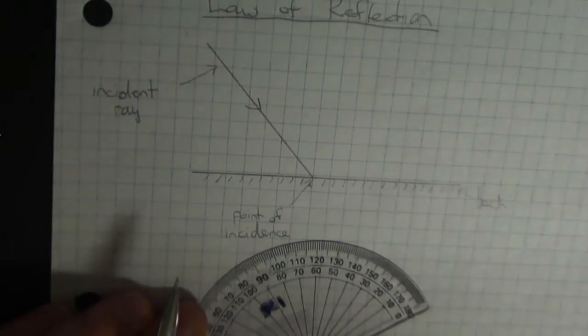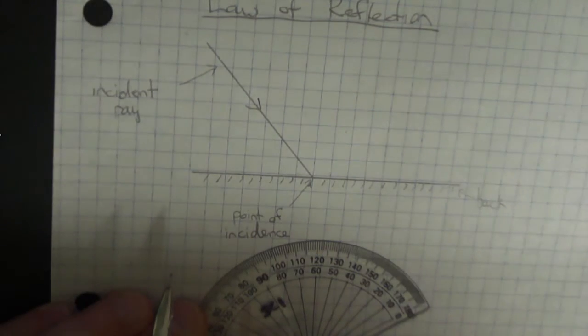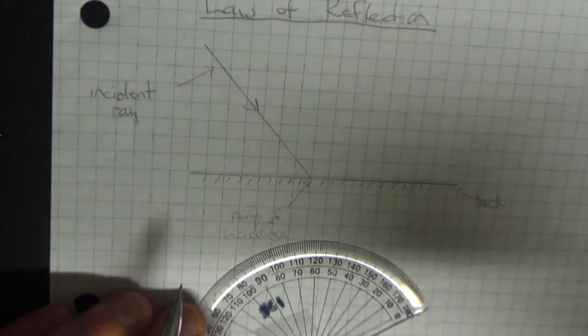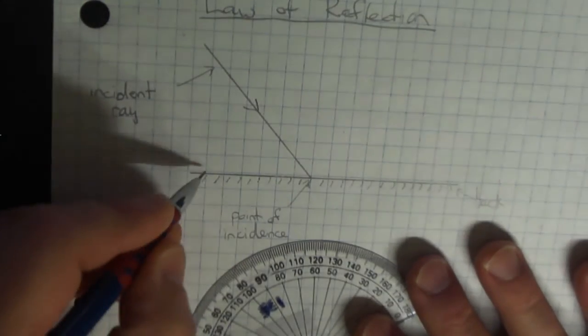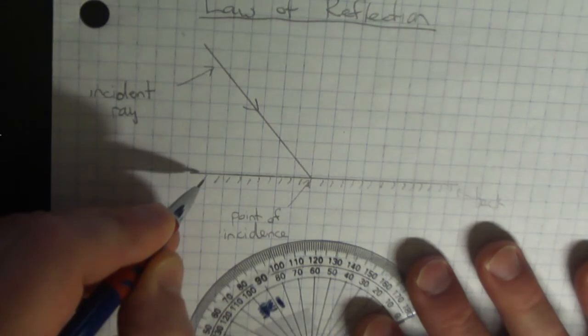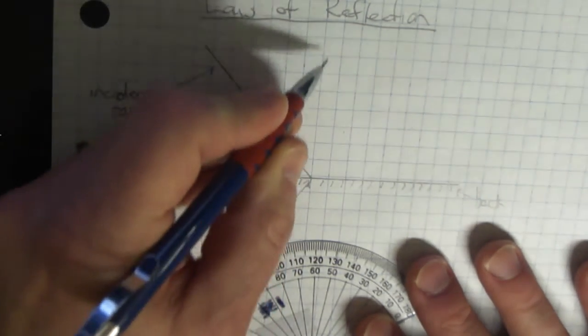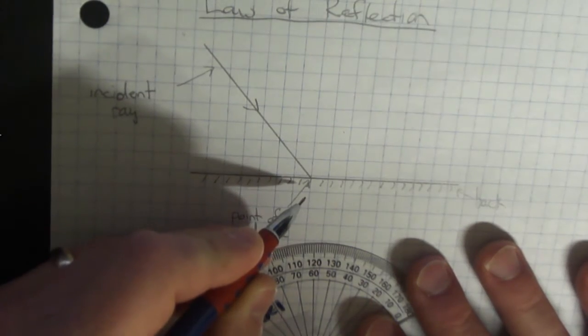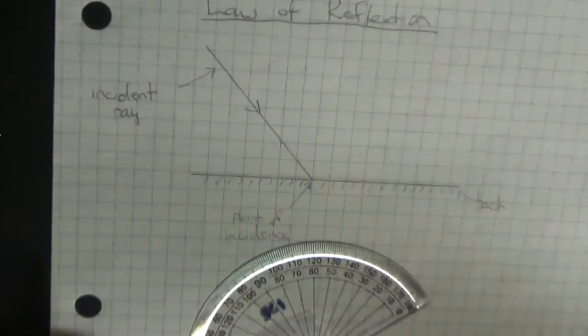But we don't typically measure that angle when we do physics. When we start looking at things that are transparent, like water and glass and plastic, we don't like to use the surface to measure from. We like to use a line that is 90 degrees from the surface. So here's what we're going to do.